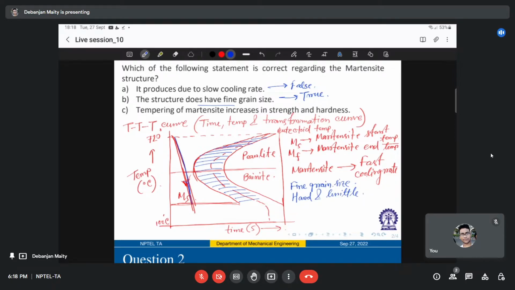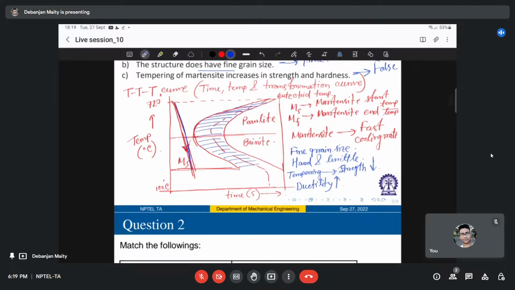So in the martensite structure, if you are tempering it, your strength or hardness gets reduced and you enhance your ductility. The statement says tempering of martensite increases strength and hardness. So this is also false. Okay, great.